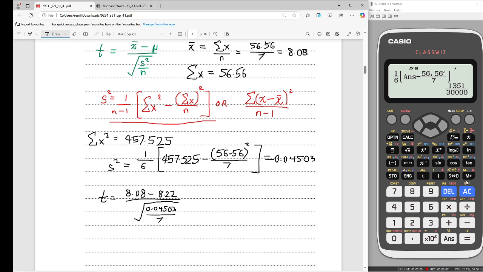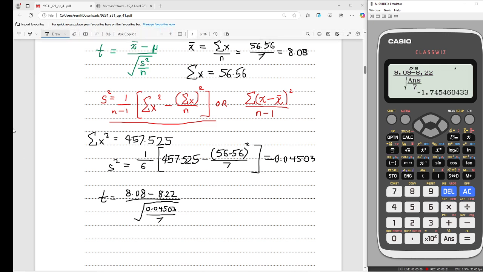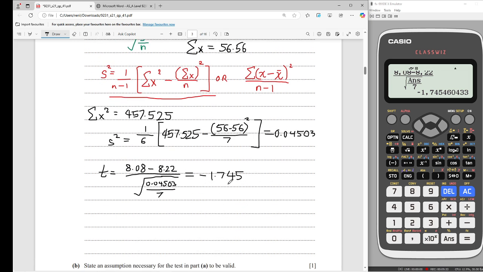Okay, so with that we can solve our final test statistic. So plug in the values, root answer by 7 is equal to negative 1.745. So we can write here negative 1.745.